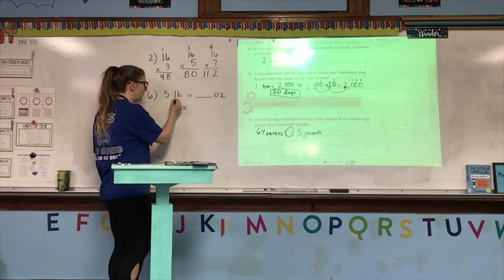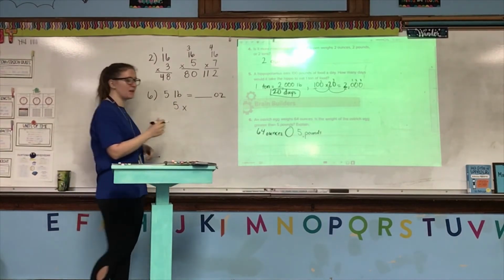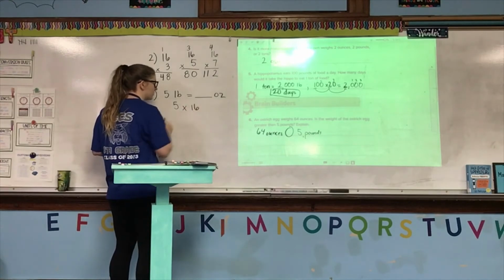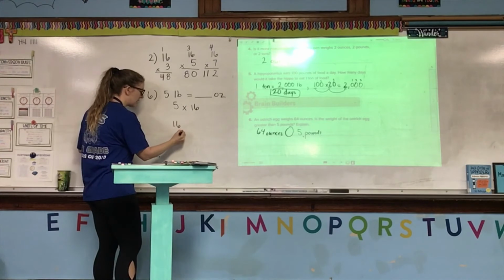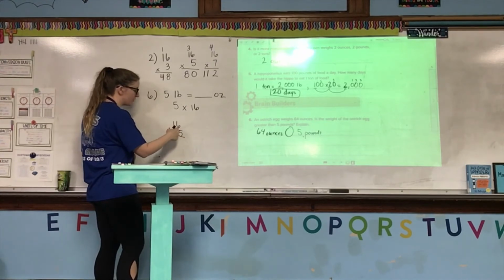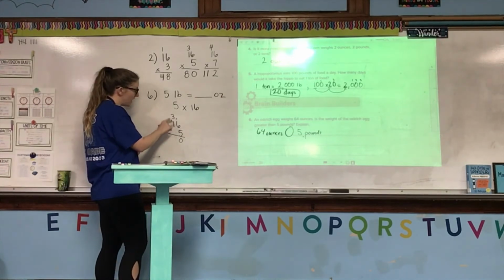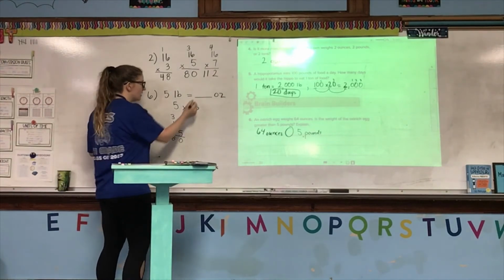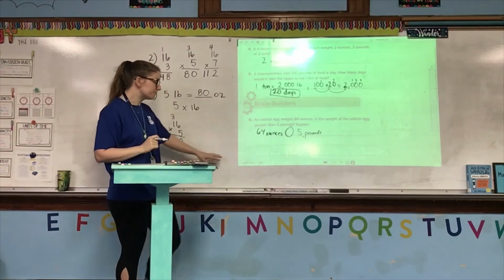We start with what we know, which is 5 pounds, and then we're going to multiply it by the number of ounces in a pound, which is 16. 16 times 5, well 6 times 5 is 30, and I know I have it here, but I'm doing what you should have done. 5 times 1 is 5, plus 3 is 8. So that means 5 pounds is equal to 80 ounces.